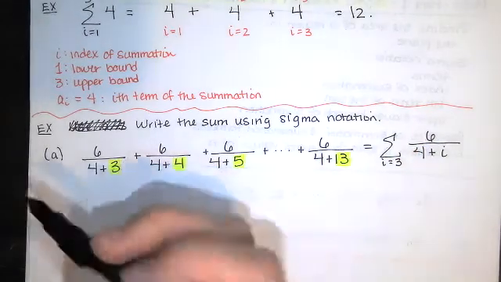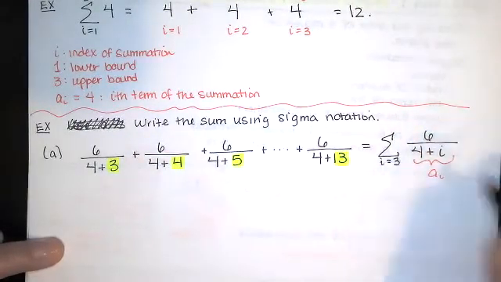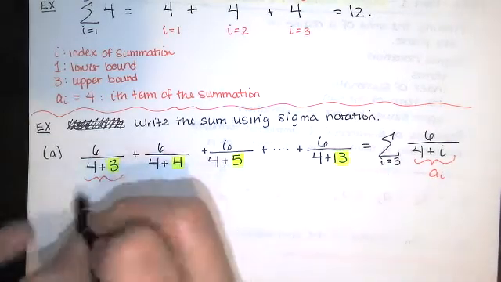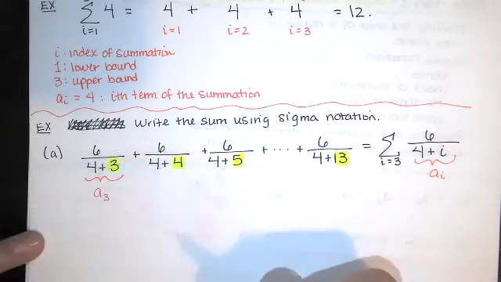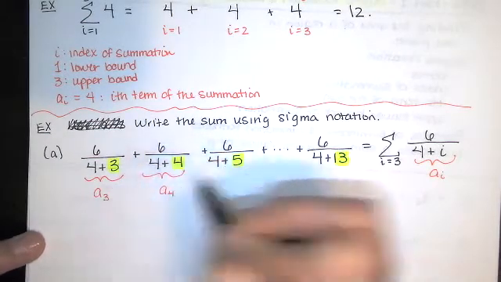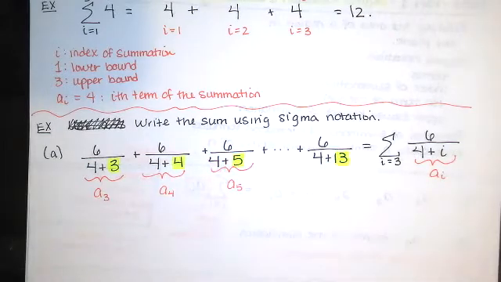That's this. If this is a sub I, if we're starting our summation with I equals 3, this will represent a sub 3. And then this must be a sub 4, and this must be a sub 5. So I think this is going to work.